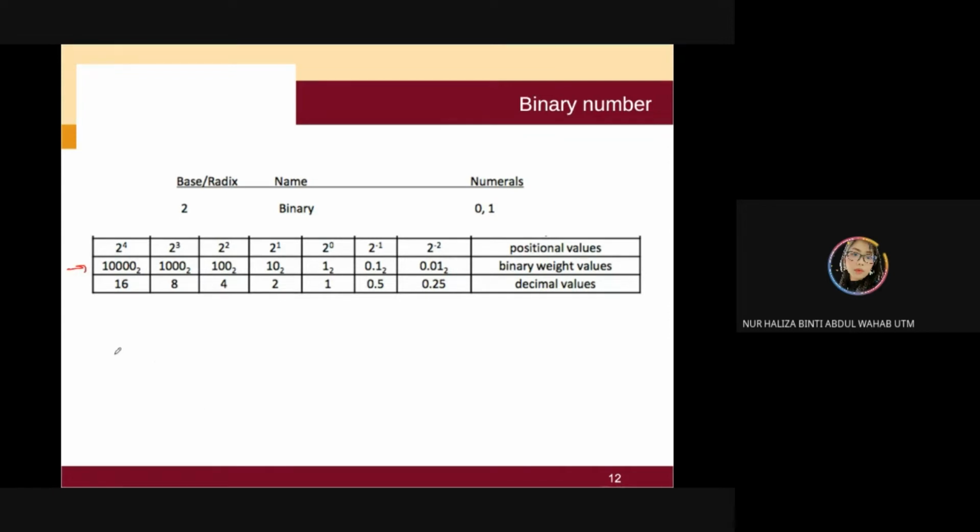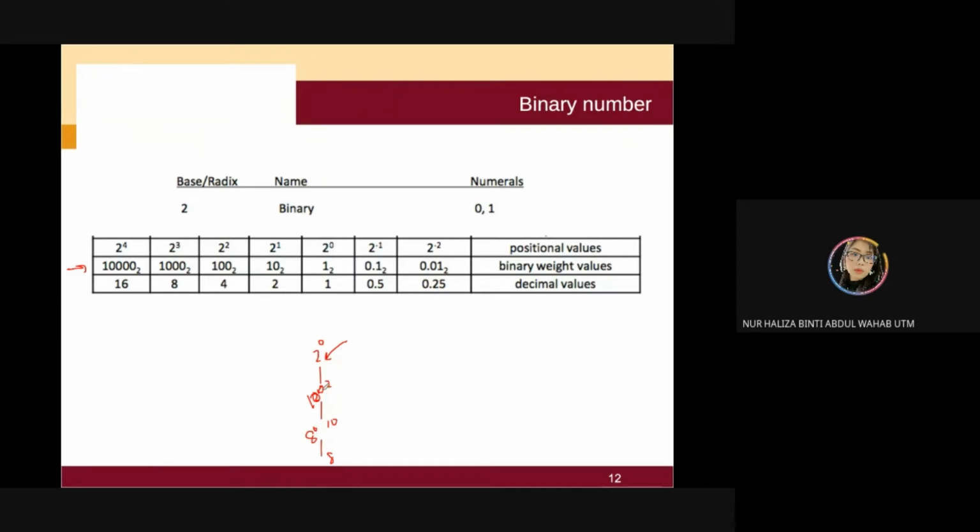So why this representation? Because your numbering system will be like this: 1 base 2. Of course, this one is similar to our normal representation. If let's say you have 1 base 10, 1 base 8, what happens is you're going to have 2 to the power of 0, 10 to the power of 0, 8 to the power of 0.